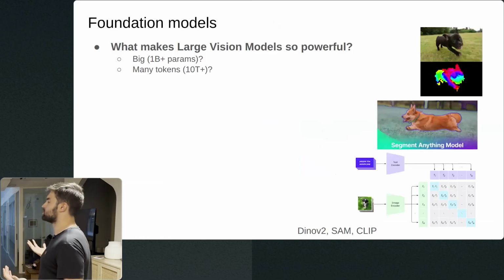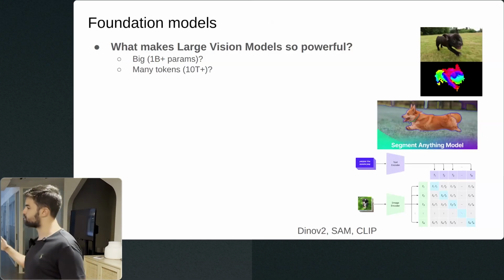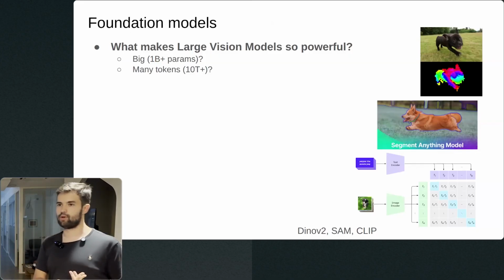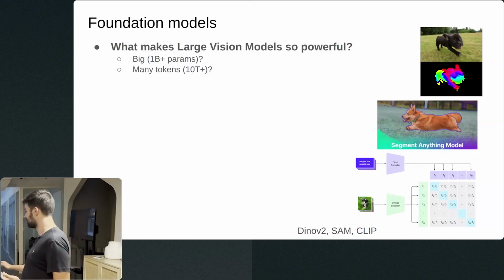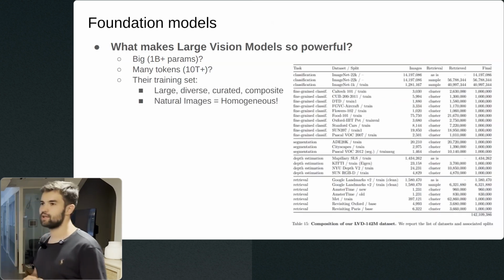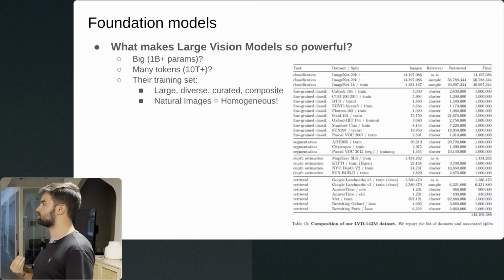So we all know foundation models in vision that work really well. There is DINOv2, there is SAM, there is CLIP, but what makes them really powerful is the fact that they are really big, that they see many tokens. I believe it comes mainly from their training set, which is large, diverse, but really important, which is curated.